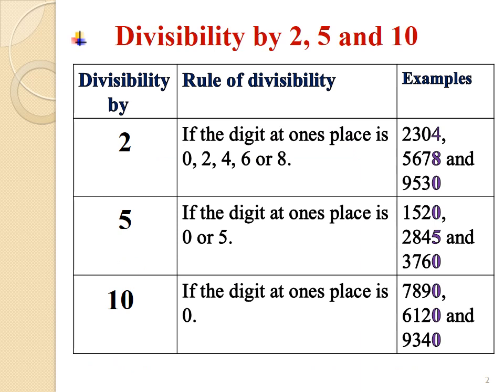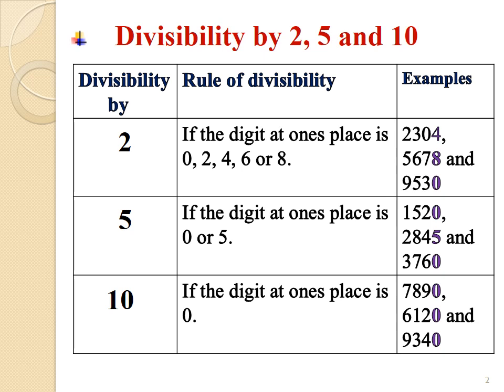Test of divisibility. The test of divisibility tells you whether a number is divisible by another number or not without actually doing division. So now let's learn the rules of divisibility.